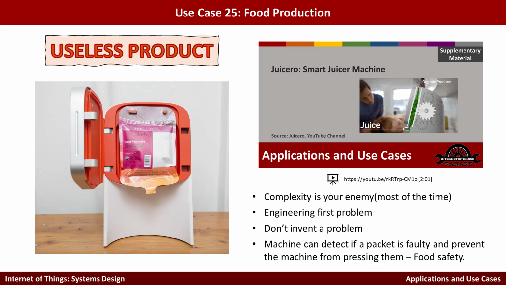It is pretty much an engineering-first problem. They developed a mechanism to press this juice without thinking that anyone can press the juice packet by hand, and the quality is exactly the same. This is a good example of why you should not invent a problem.